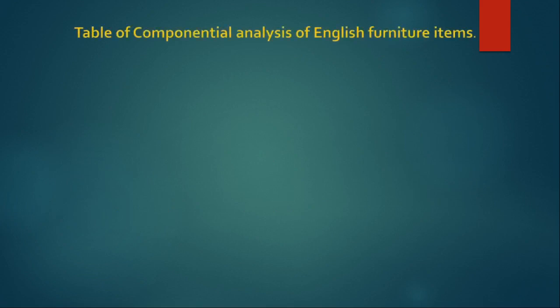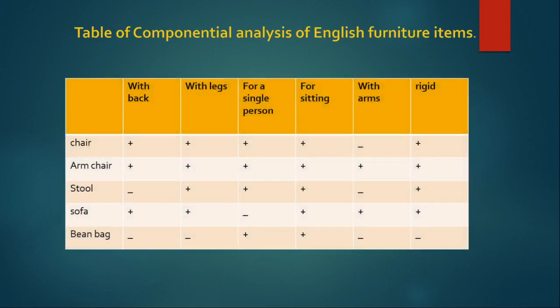Table of componential analysis of English furniture items. Now you will easily understand how furniture items are analyzed semantically with the help of componential analysis. Look at these different furniture items: chair, armchair, stool, sofa, and beanbag.